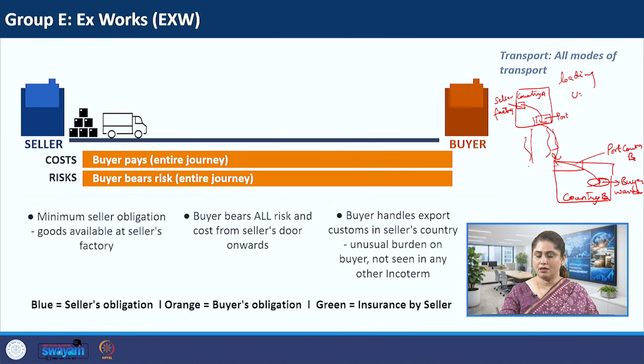Here you might be using a truck, then you might be using a ship, right? Or you may also have air transport, then again you will use a truck. So there will be loading and unloading so many times, and in all that a lot of expenses have to be incurred.